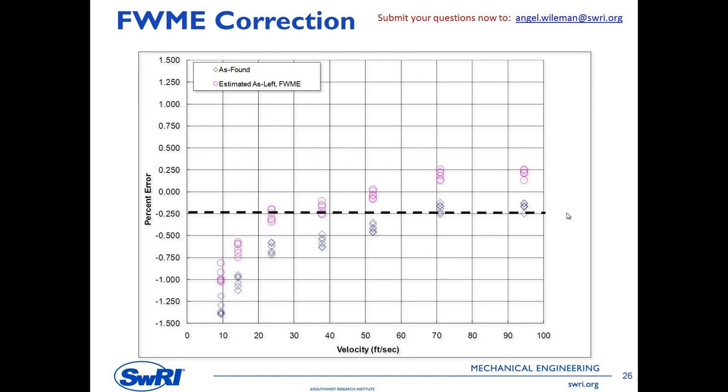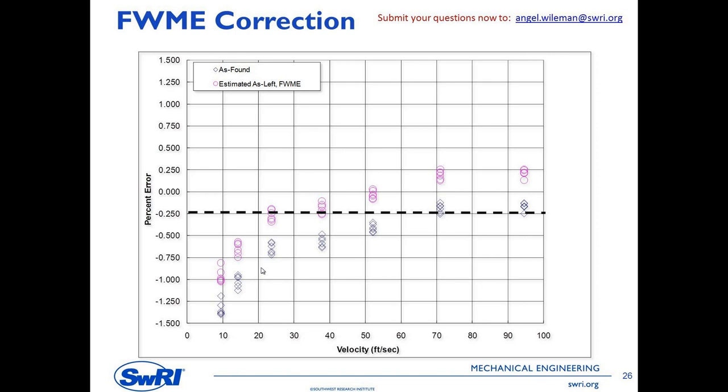And this is awesome because it moved my line. Different computers project things differently. That dashed line is supposed to be at 0, not at -1/4. But what you see as found data here is the diamonds. If I do a flow weighted mean error correction, basically all I get to do is shift the entire curve up.